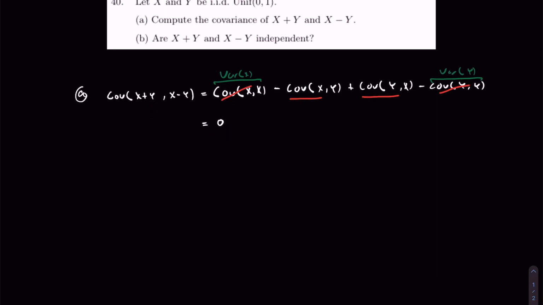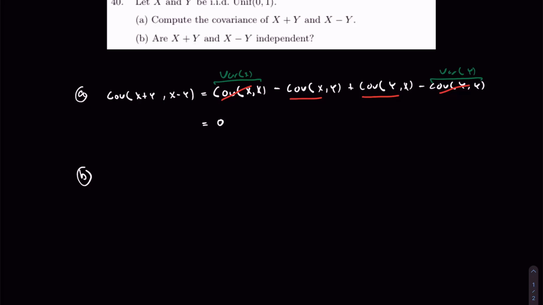Okay, now we're asked to assess whether they are independent. That's an interesting question. Well, they seem to be quite dependent, right? Because X plus Y is one random variable, and this is another one, and they are indeed constructions of the same two underlying variables. But how do we show that they are dependent, if that is our hypothesis?